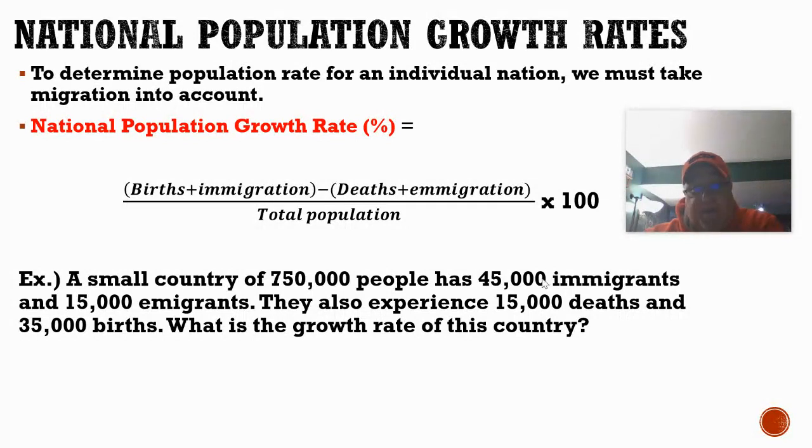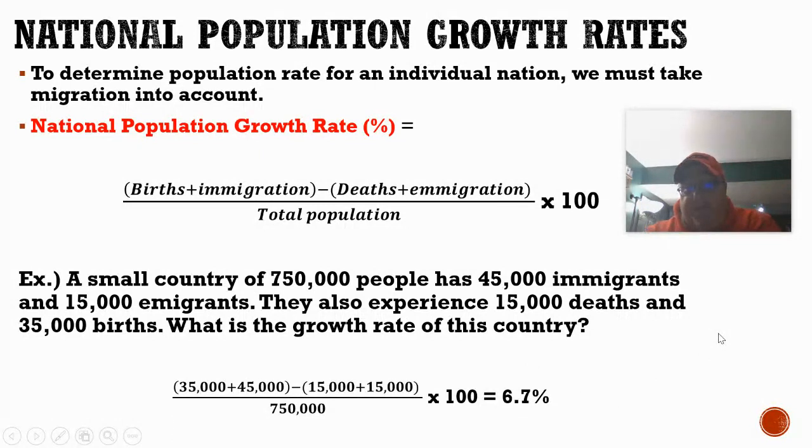Well, you'll notice that this formula here, again, you're going to have to know these. I'm not going to give them to you. It takes into account the inputs, right? Births and immigrants, and it also takes into account the outputs. So if you know all those factors, and you do know them all in this problem here, then we can just plug those things in and we can solve.